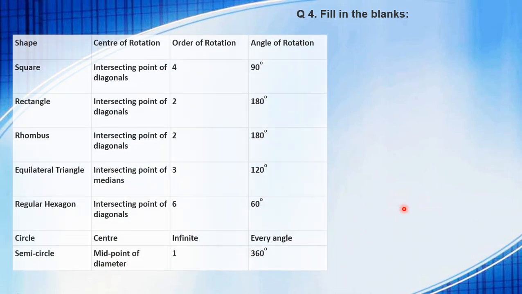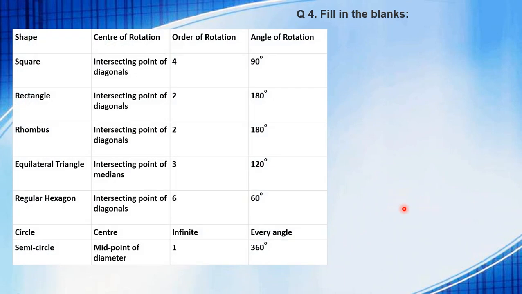Now according to the lines of symmetry and rotational symmetry, give the answers for the following blank spaces. When we have the given geometrical shapes, we have to find the center of rotation, order of rotation and angle of rotation.